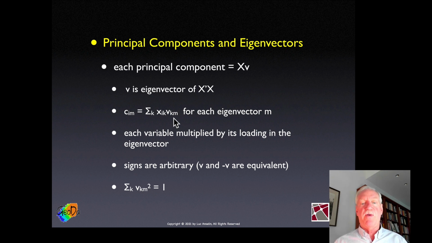So as I previously mentioned, we call this the loading. So the loading of a principal component is what you multiply the original variable with. And as it turns out, the loading is the matching value in the eigenvector.